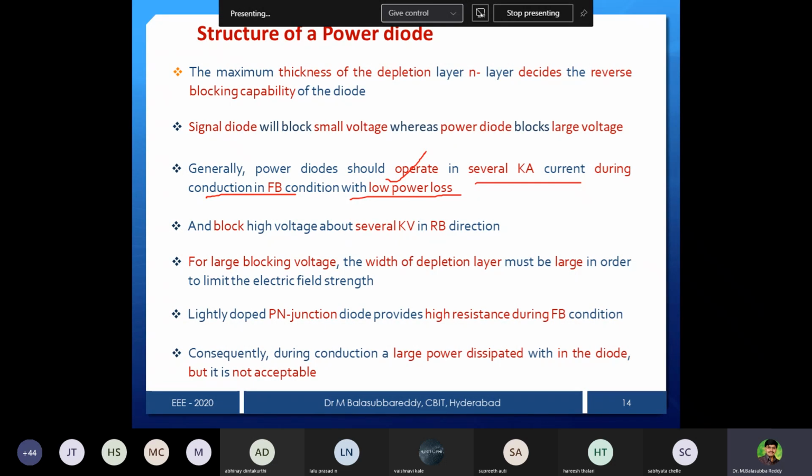Consequently, during conduction, a large power dissipation takes place in diodes. That is during conduction, not the on position or off position. This sentence is important. During conduction, as we noticed in the case of SCR also, power loss will be more, but once completely on or completely off, then power loss will be minimum.